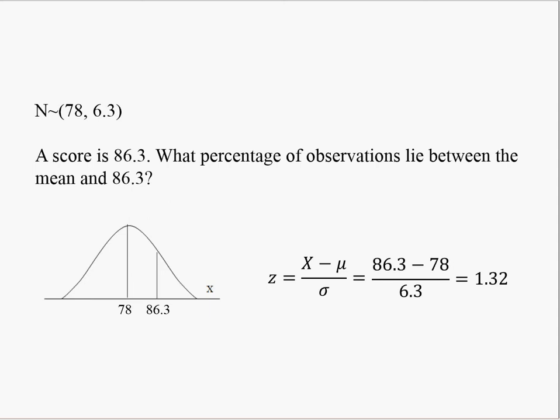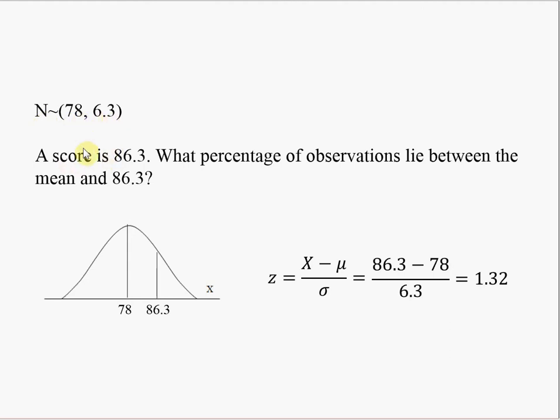Here, this question. A score is 86.3. What percentage of observations lie between the mean and 86.3? The normal distribution is the same. 78 is the mean and 6.3 is the standard deviation.